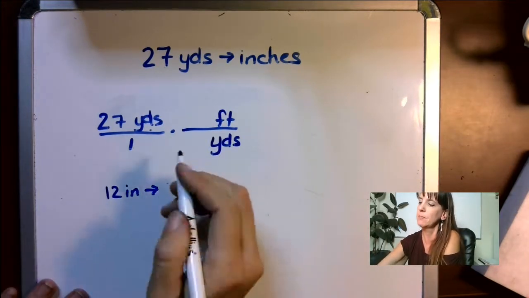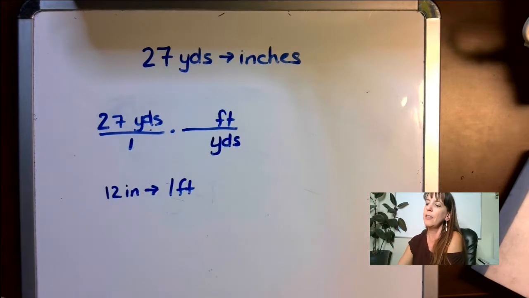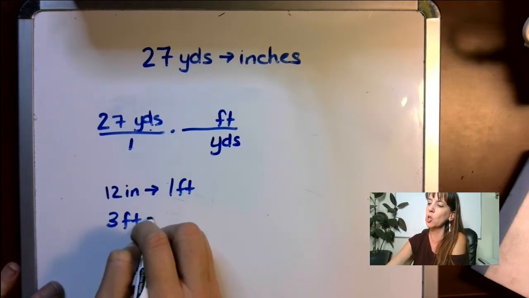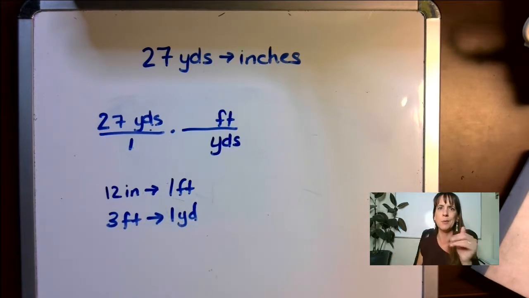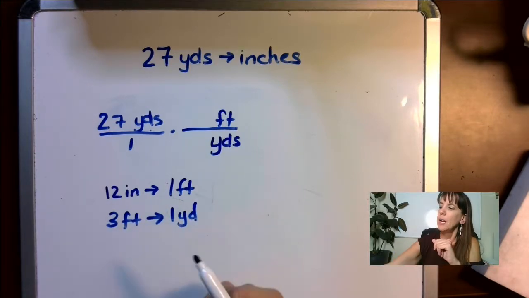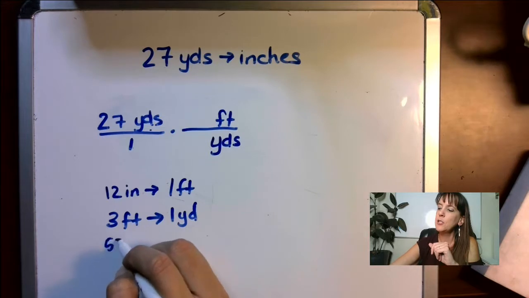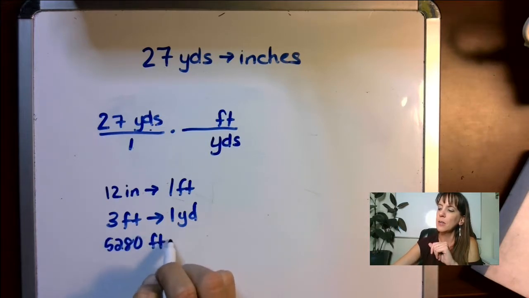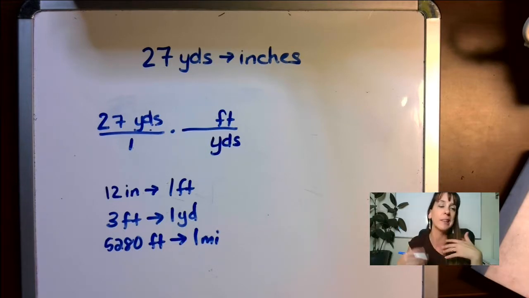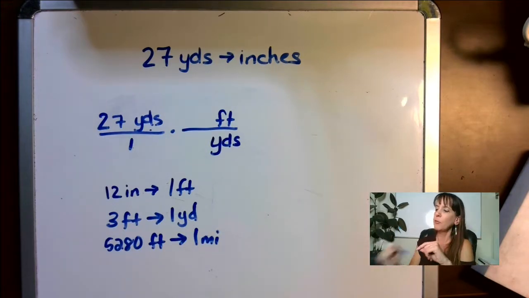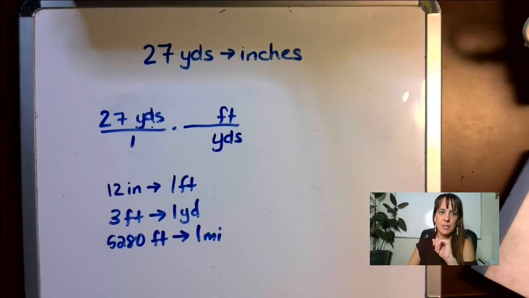I should put 1 here, 1 foot. There are 3 feet in a yard. Guys, we use this terrible system. The metric system is so much easier, but I just wanna go with this for right now. There are 5,280 feet in 1 mile. Those are all important ones. This is all distance. We also deal with liquids, right? Volume. But for right now, you just need to have those off to the side, okay?